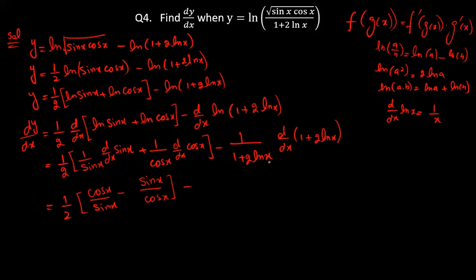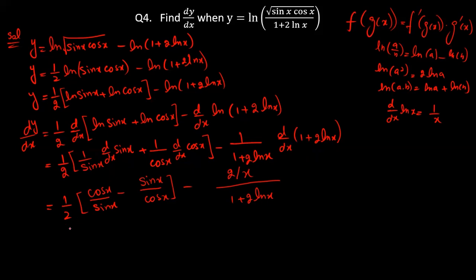For the other part, the derivative of 1 is 0, and the derivative of 2 natural log of x is 2 times 1 by x, so it will be 2 by x.